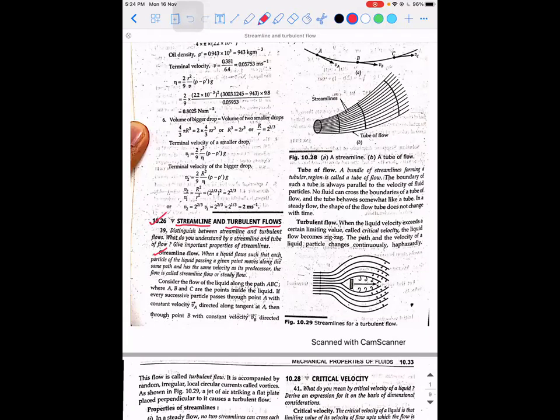If you have a liquid that is flowing such that each particle of the liquid passing through a given point moves along the same path and has the same velocity as its predecessor, the flow is called streamline or steady flow. So let me explain what it exactly means.